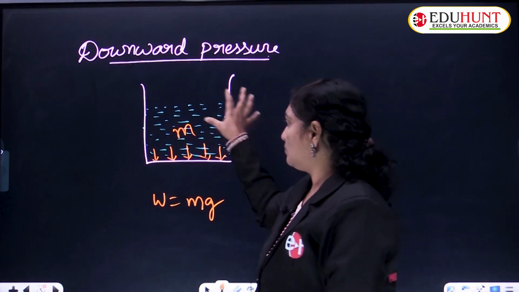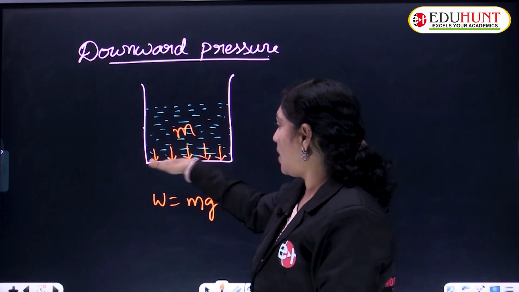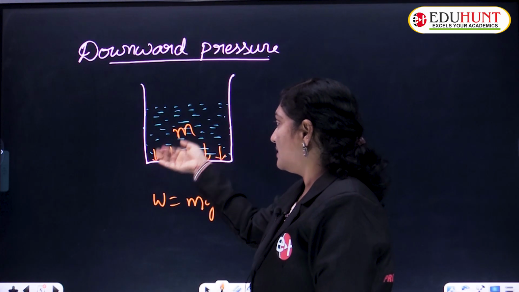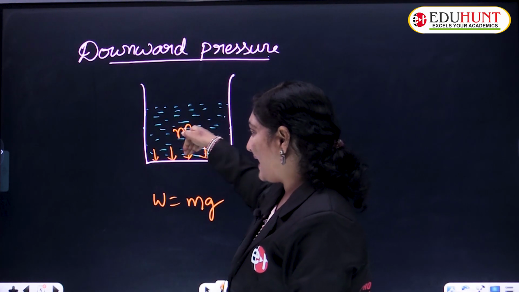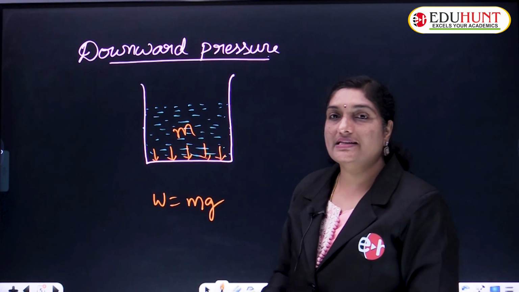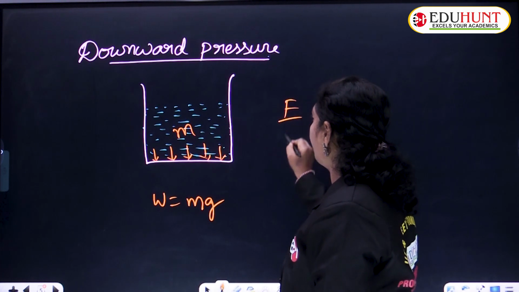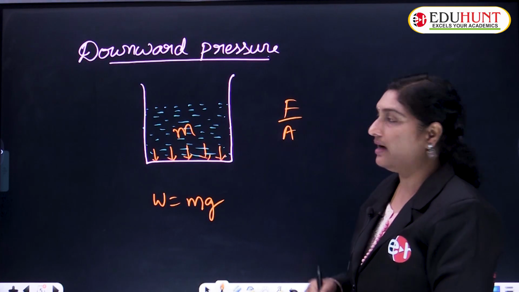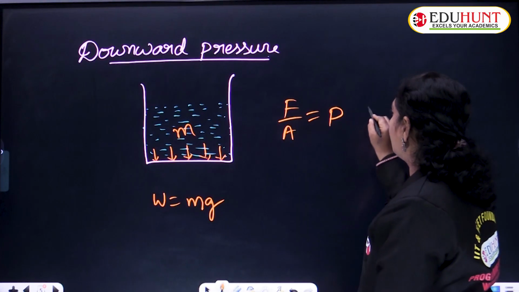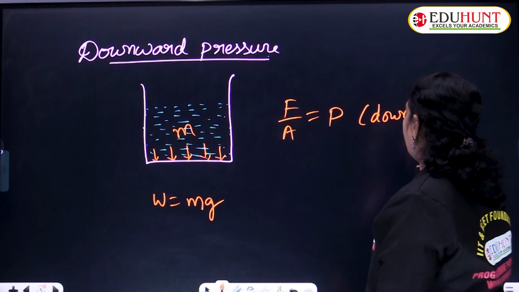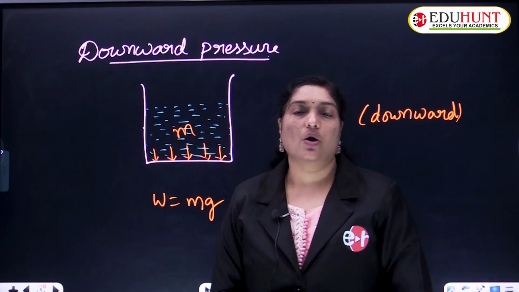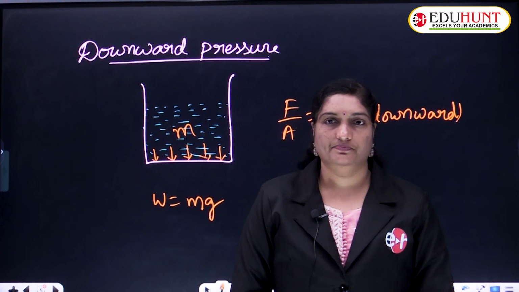This water exerts some force on the bottom of the container. This force acting on a given area is called pressure. In which direction is it acting, children? It is acting in the downward direction. Hence this pressure is called downward pressure.